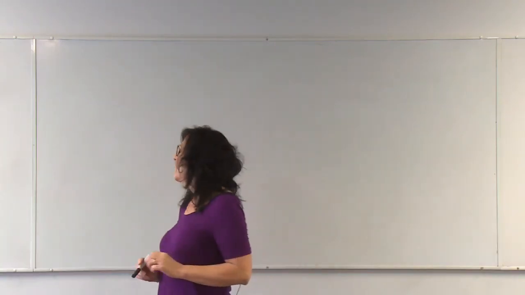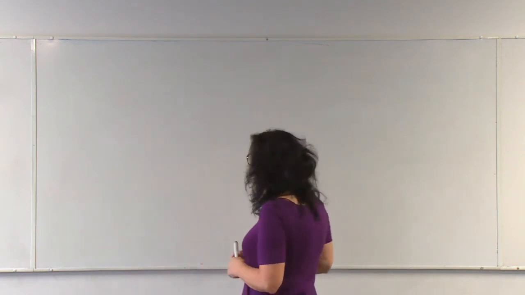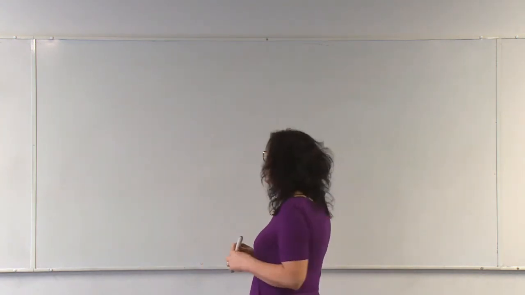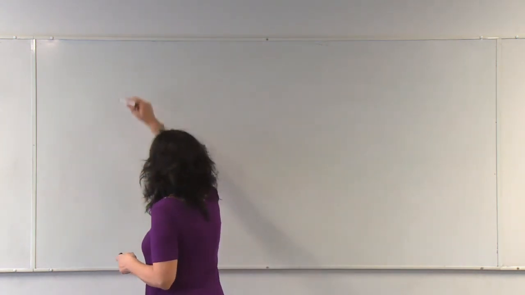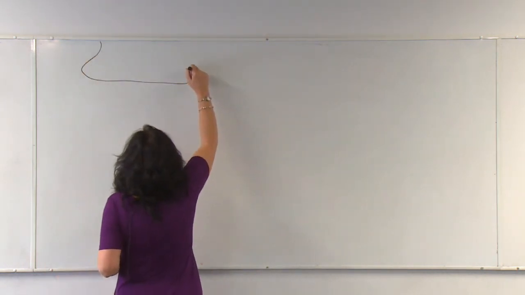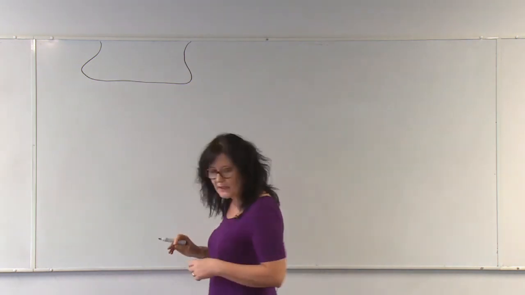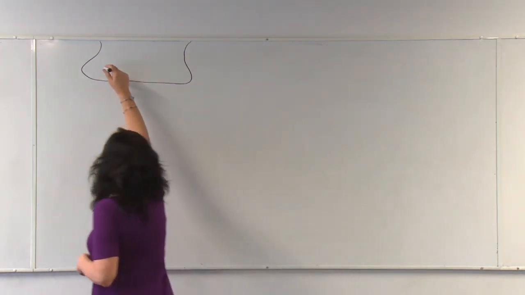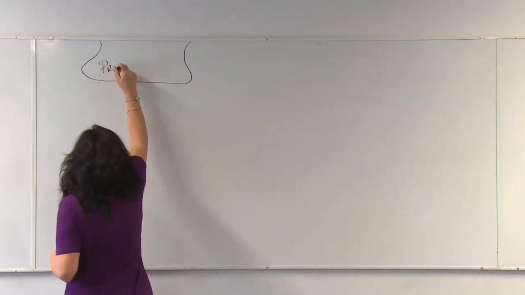Let's talk about long-term potentiation. In terms of the actual synapse itself, and this is synaptic plasticity, so here's our presynaptic neuron up at the top. Let's just label that.